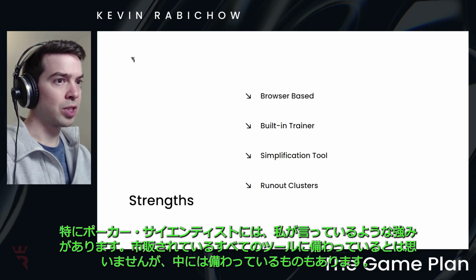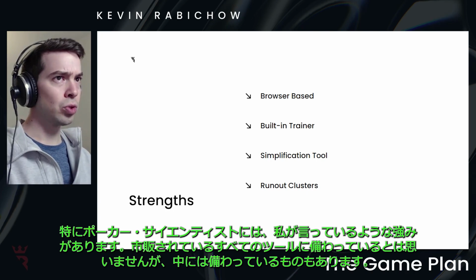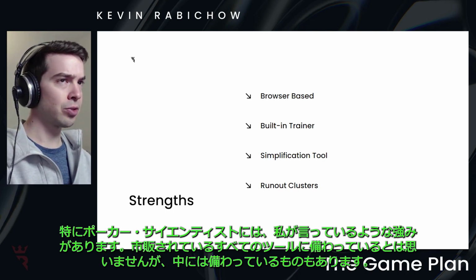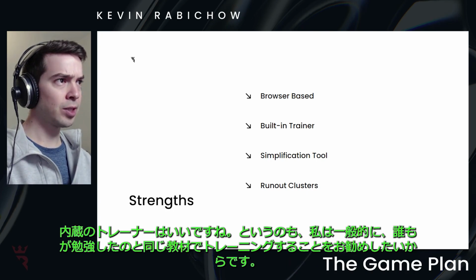Poker Scientist in particular has some of these other strengths that I'm talking about. I don't think every tool on the market has these, although some do. The built-in trainer is nice because I generally recommend that everyone trains with the same material that they study.